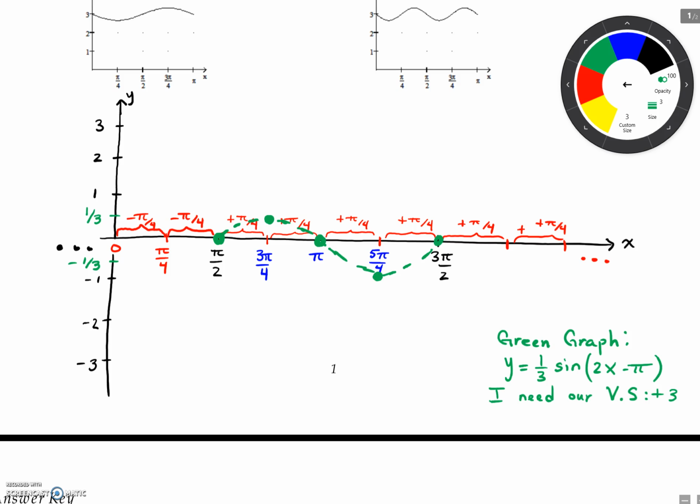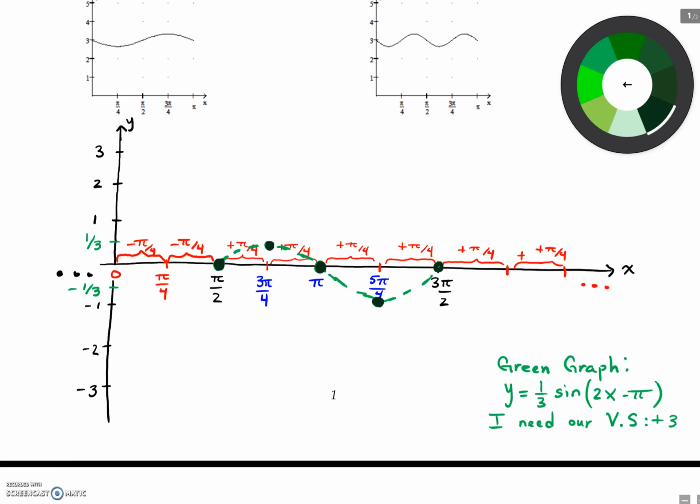And that means that every single one of these points, and now I'm going to highlight them, let me go with a darker green here, every single one of these points that you see being colored in right now has to be moved up by 3. So we're going to start off with this first point right here. Now this first point's at 0. So 0 plus 3 is going to shift this thing up 3 units right here.